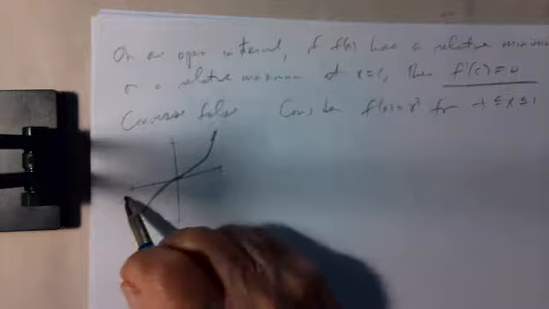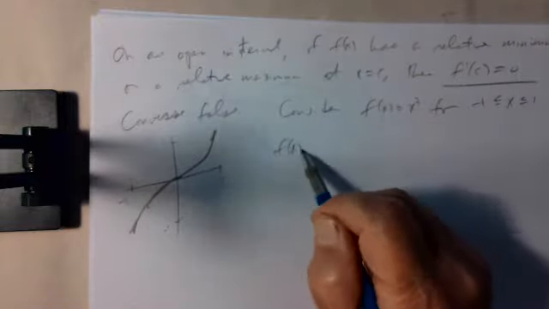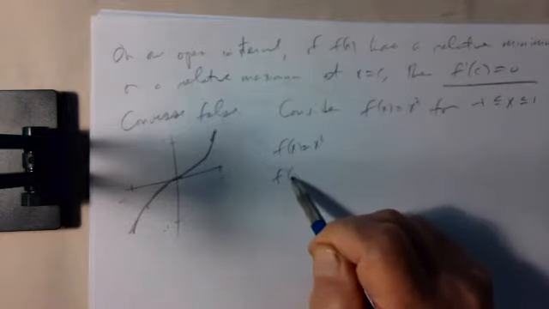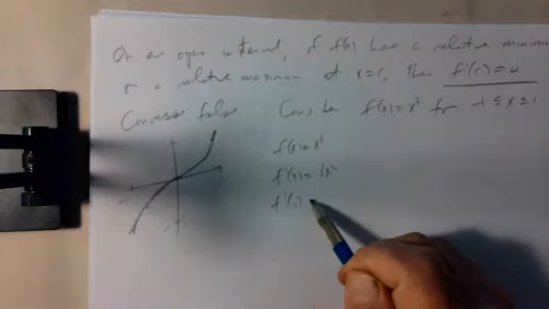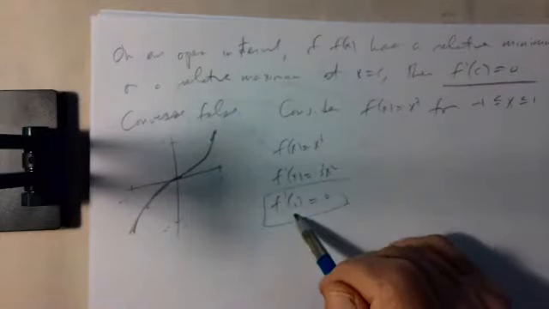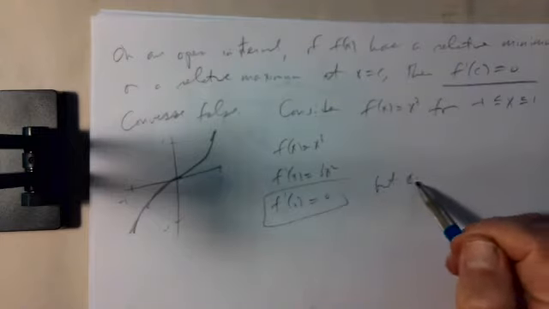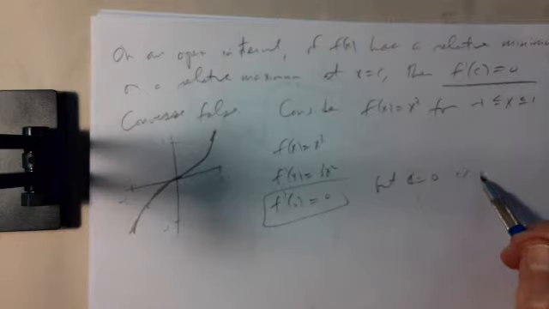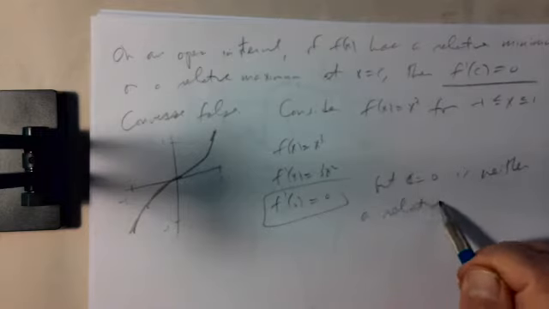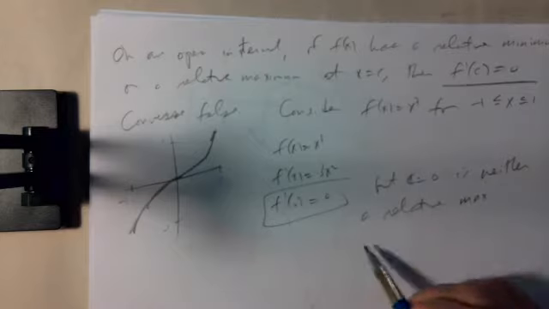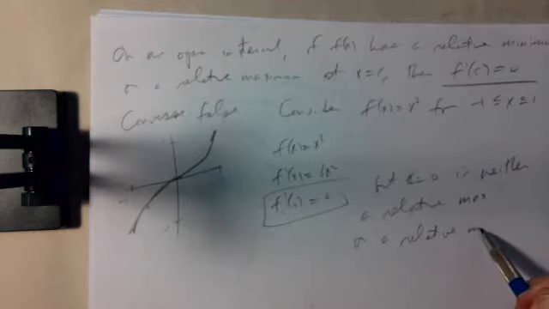If f of x is x cubed, f prime of x is 3x squared, and f prime at 0 is 0. So the derivative at 0 is 0, but x equals 0, or c equals 0, is neither a relative max nor a relative min.